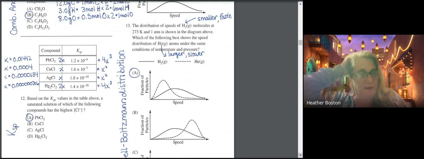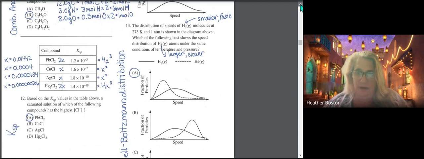I calculated the value for x, but you can reasonably cross those off. Now we can go to the ones up on top, and not only is lead chloride, lead 2 chloride, the most soluble, but we also get 2 ions of chlorine for every 1 formula unit of lead 2 chloride. So that's automatically going to be the correct answer.